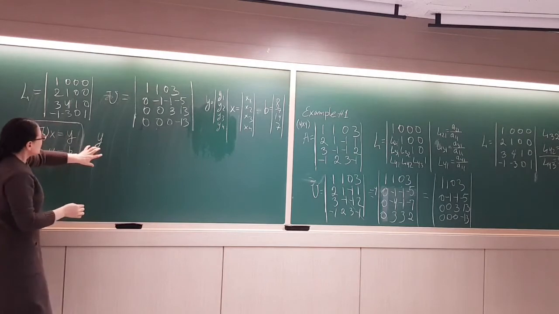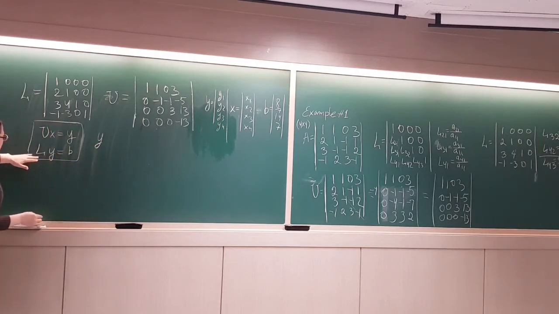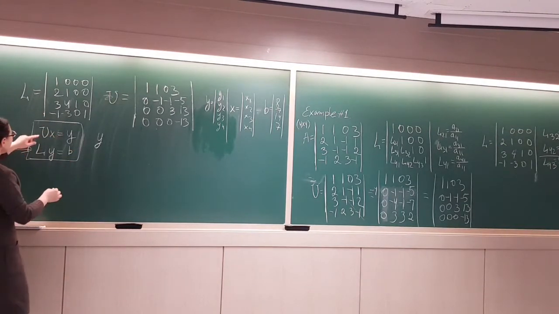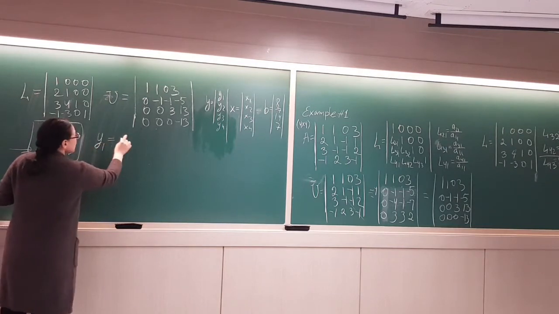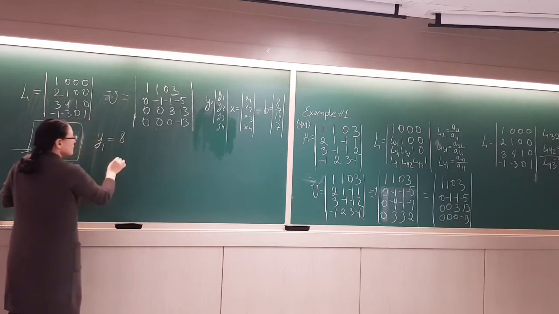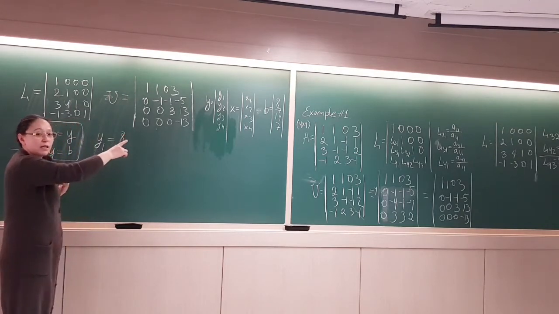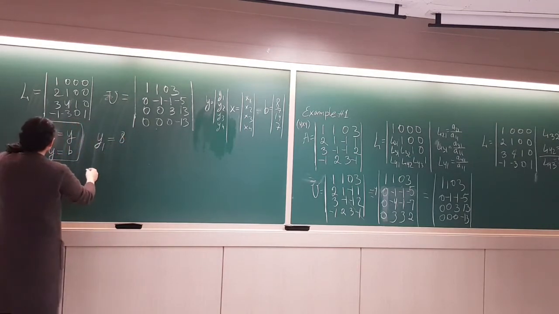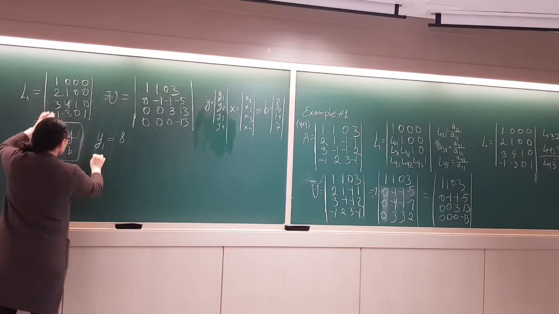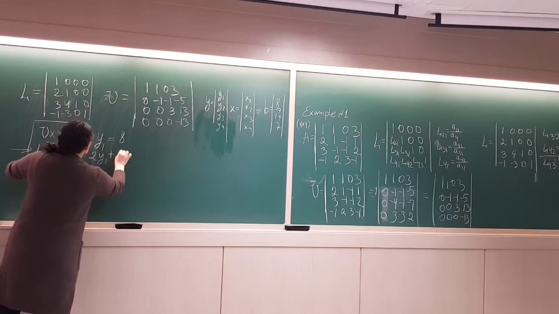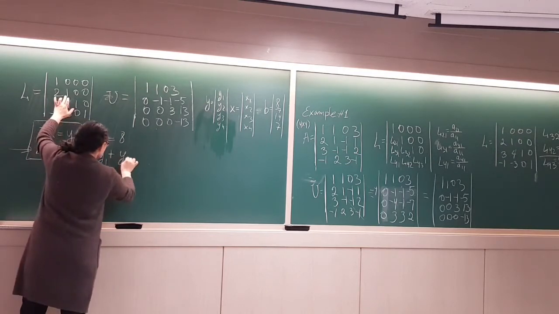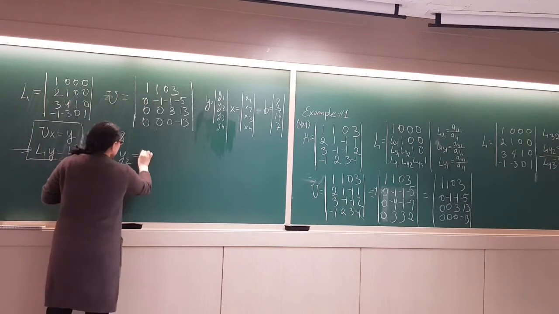From this equation, I apply directly for this matrix, and I write directly. It will be y1 equals 8. I apply directly, and for the second, 2y1 plus y2 is equal to 7.